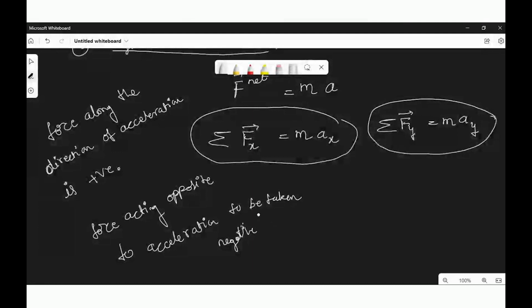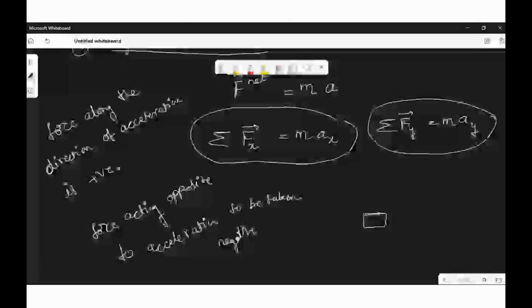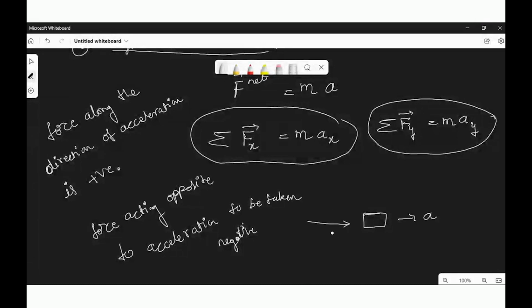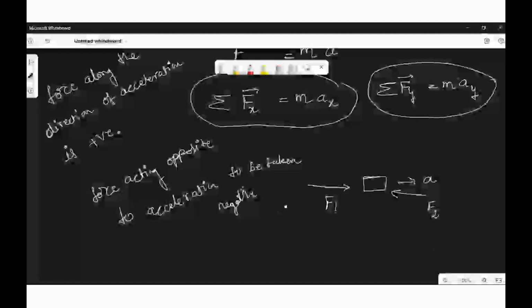Is it clear? Like if the block is here, let me say it is accelerated in this direction. Let me say there is one force F1 acting in this direction and F2 acting in this direction. Now which should be taken positive? F1. Yeah.